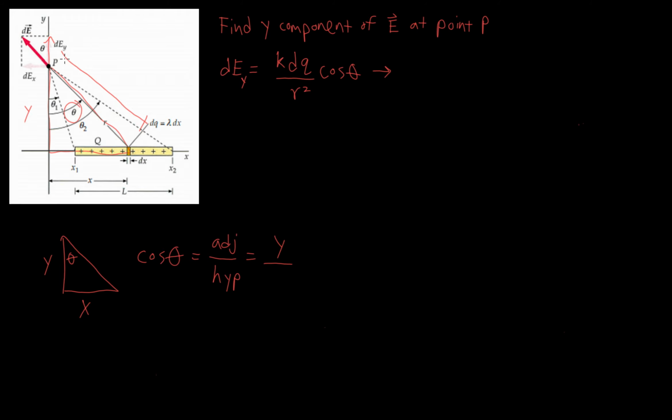And r is just used to denote the distance from point P all the way to dx. So the hypotenuse is just r.